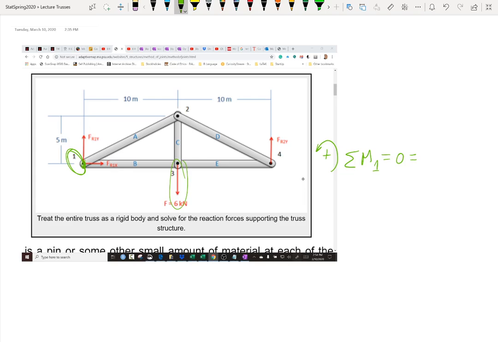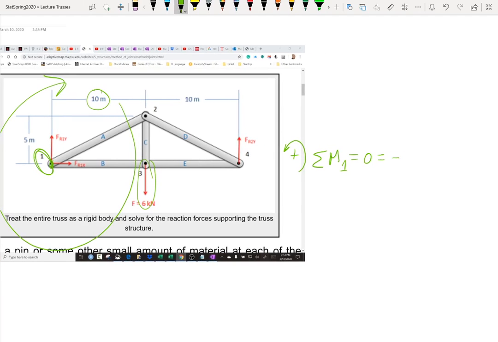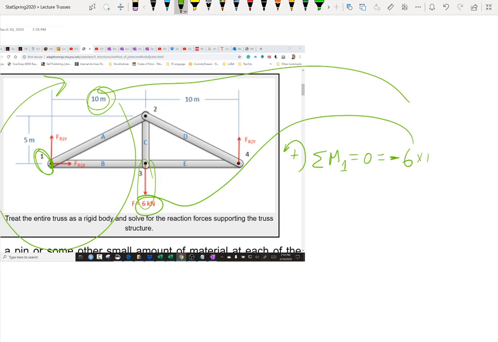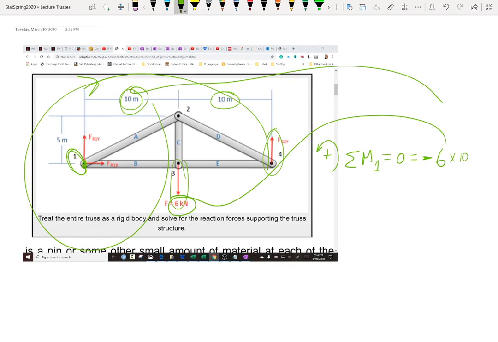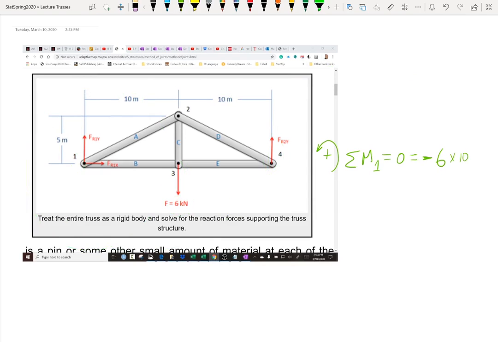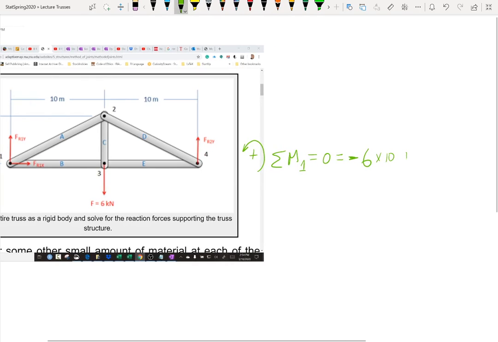So this force in a moment arm of 10, it's going this way, which is opposite, which becomes minus, and it's 6 kilonewtons and 10 meters. Then you get this one. This one's 20 over. It is actually going this way. Plus 20. That's the length.